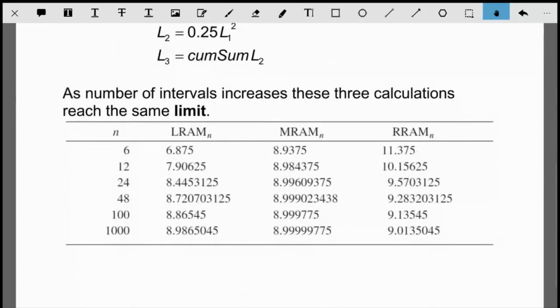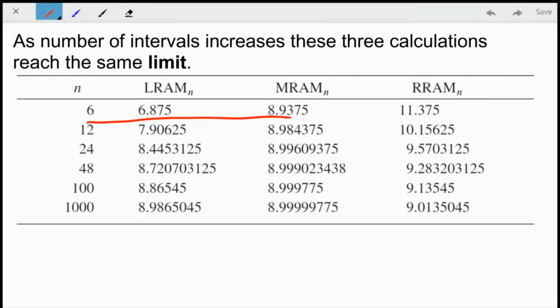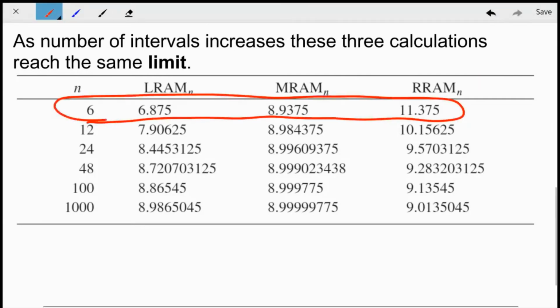Okay, so what I do want to talk about is what happens if we looked at this same problem with larger numbers of subintervals. This is what we just calculated, N is equal to 6. Let's say we started increasing the number of subintervals. Notice what happens as I'm going in this direction.